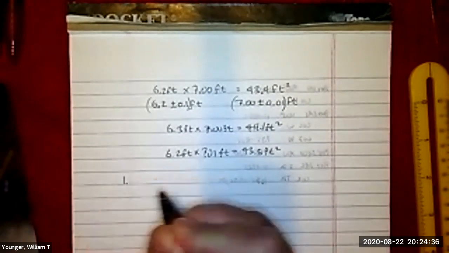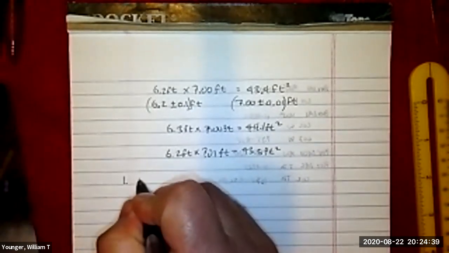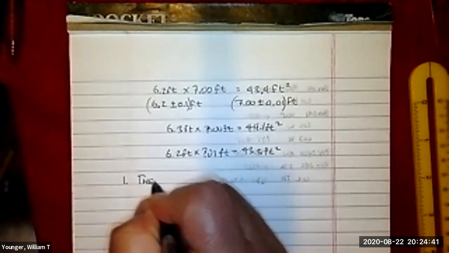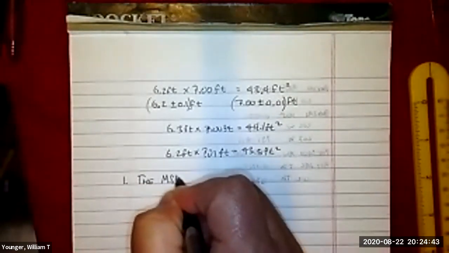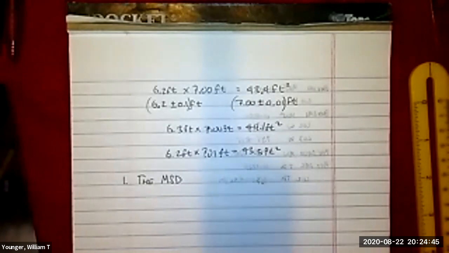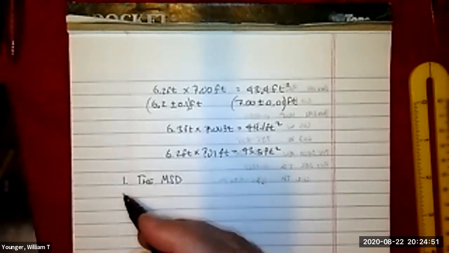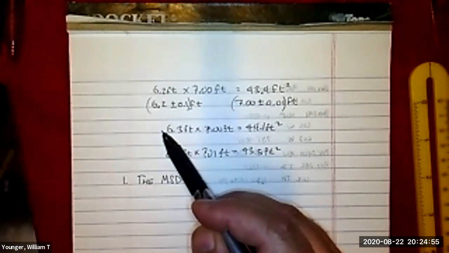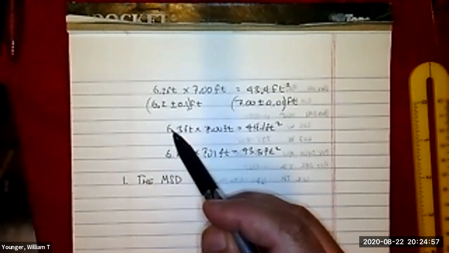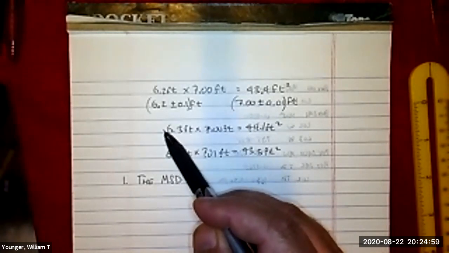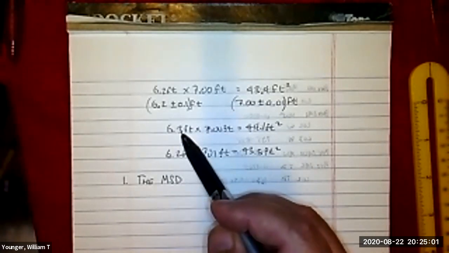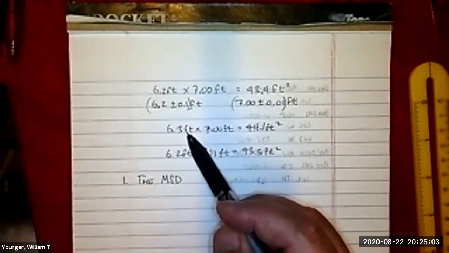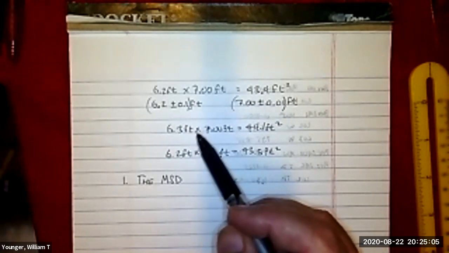Rule number 1: the MSD. That to me means the most significant digit. By most, I mean it's the leftmost. Remember, this is the ones place, the tens place, the hundreds place. This would be the tenths place, the hundredths place, the thousandths place, and so on.